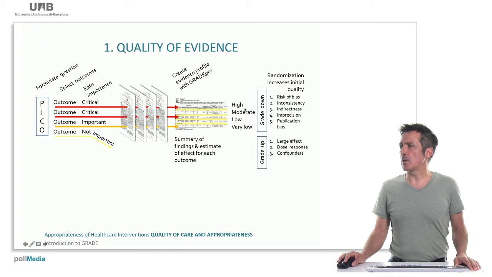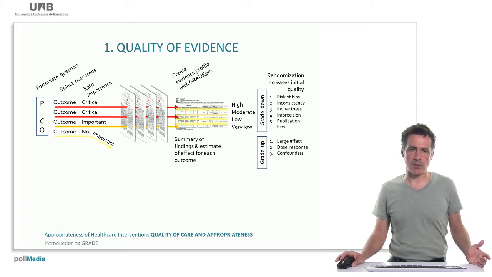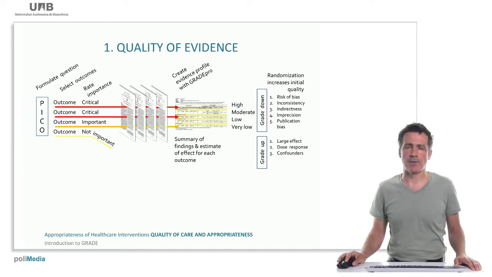And for doing that, we'll have to decide first, what do we have in front of us? If there are randomized trials, GRADE suggests to start with high quality. If there are observational studies, the suggestion is to start at low quality of evidence.